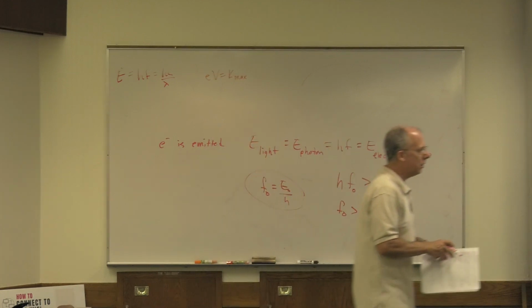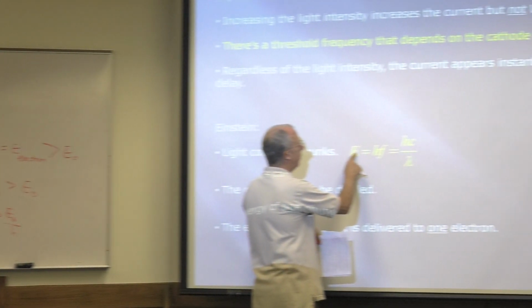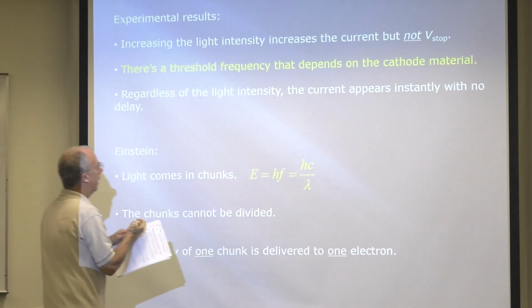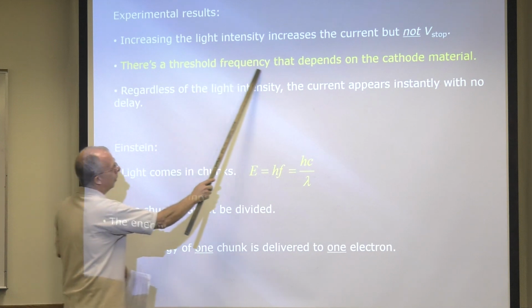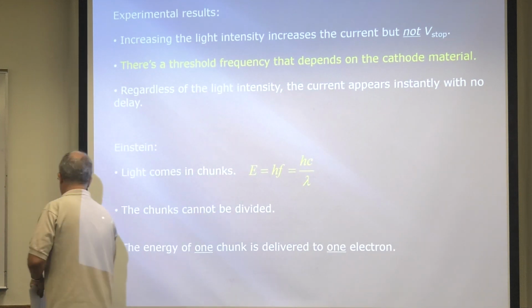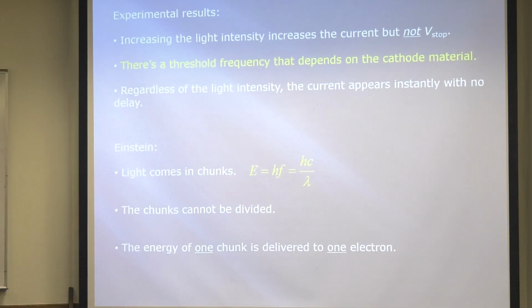So the equation that the energy of the photon equals hf explains the whole threshold frequency business. There's either enough energy or there isn't. It's as simple as that.